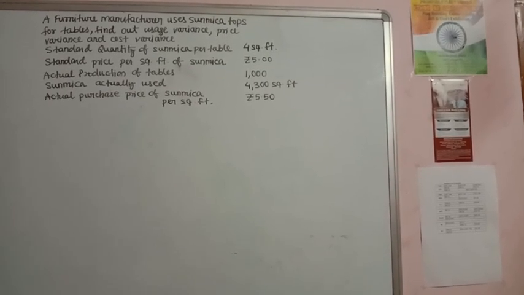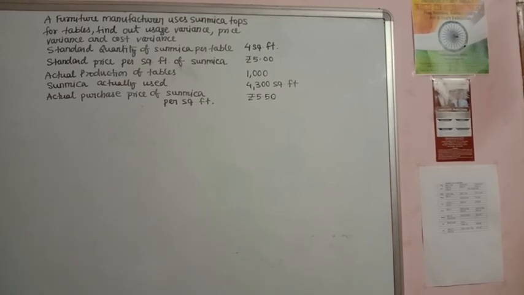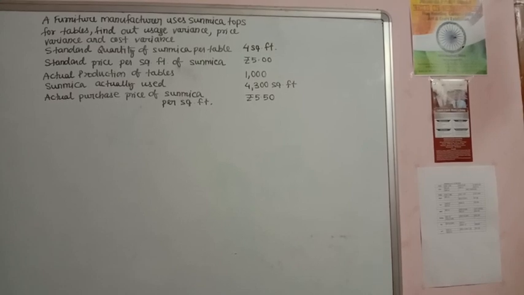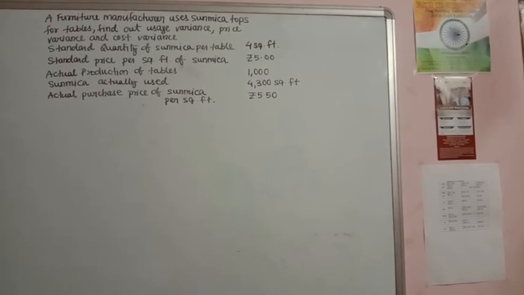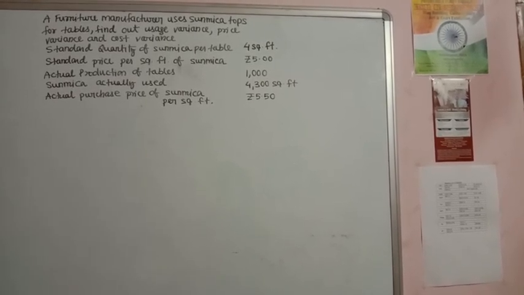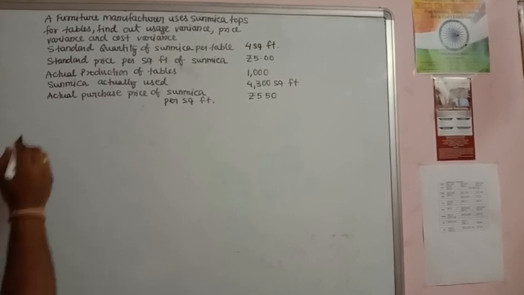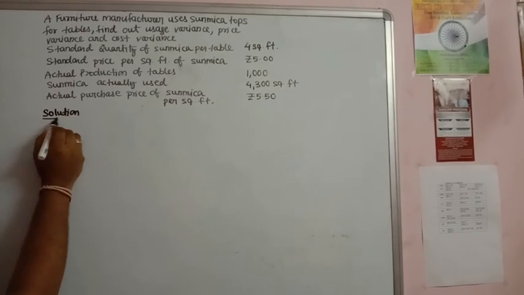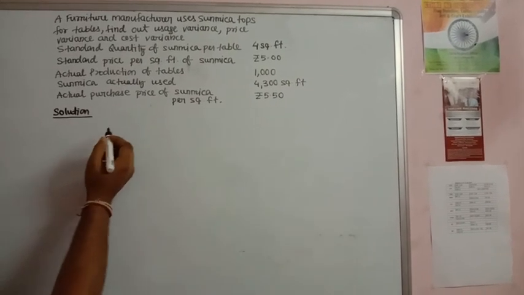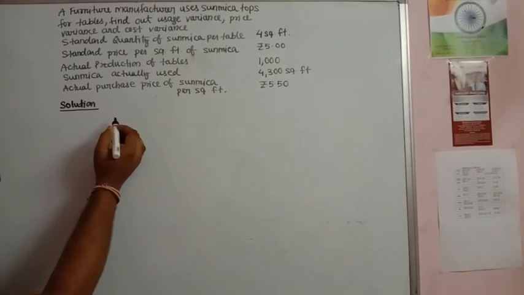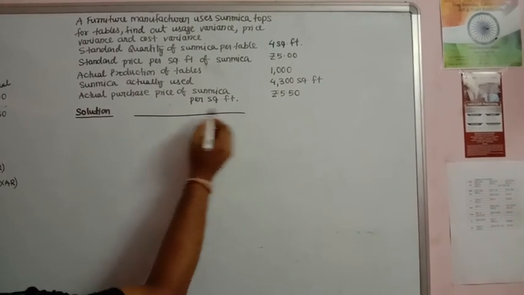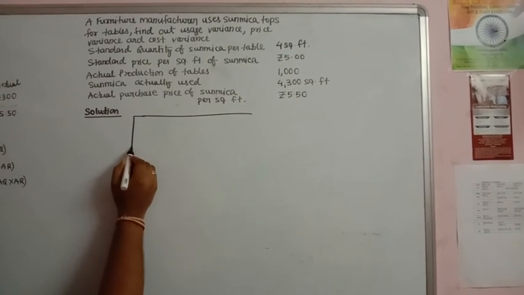Okay, so we all know that standard costing or calculation of variance is very formula specific. So we need the standard quantity, we need the standard rate, we need the actual quantity and we need the actual rate. So let us move forward with this question and see whether we have the information or not. First of all we will try to see if we have the requisite information.